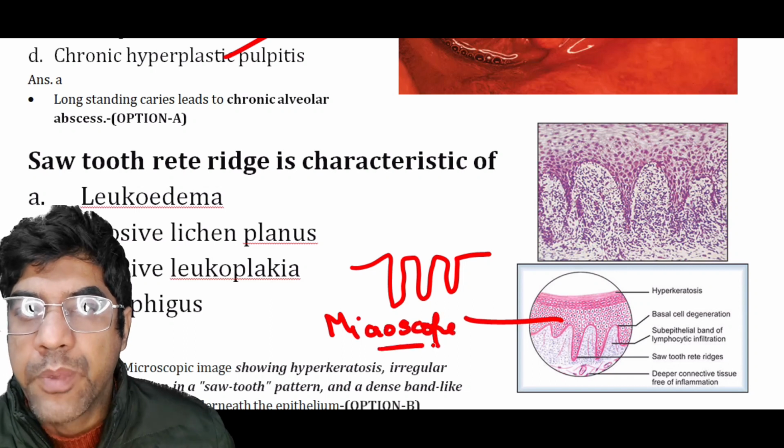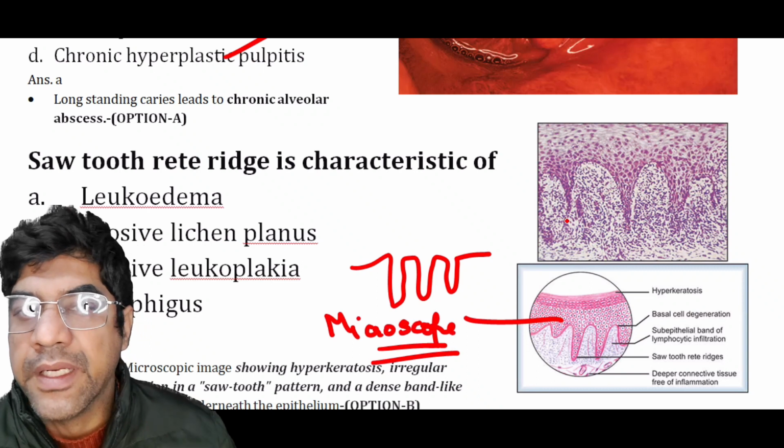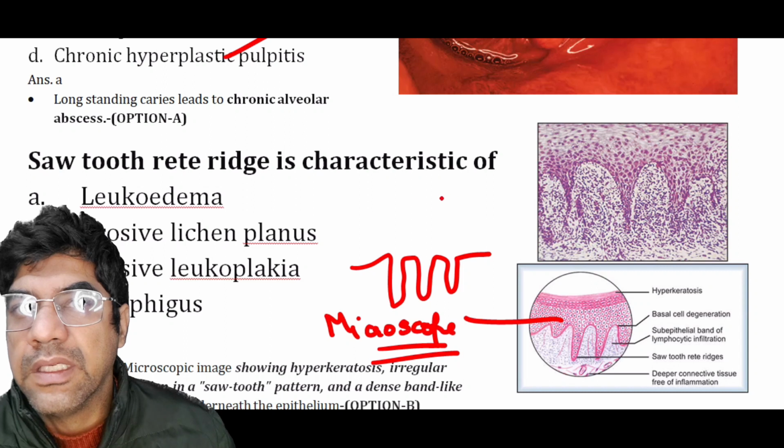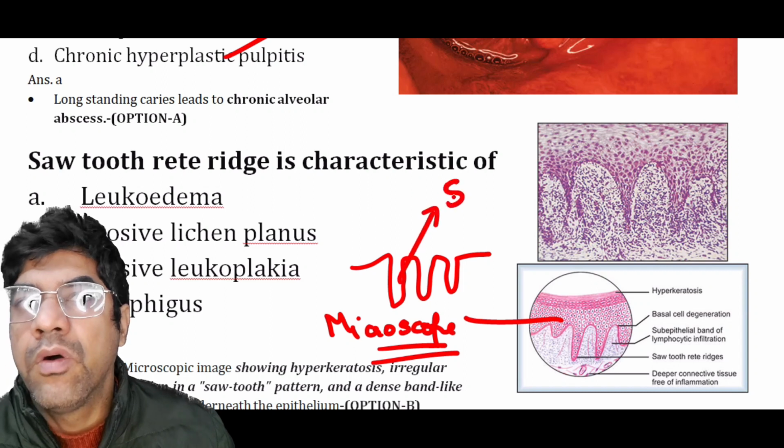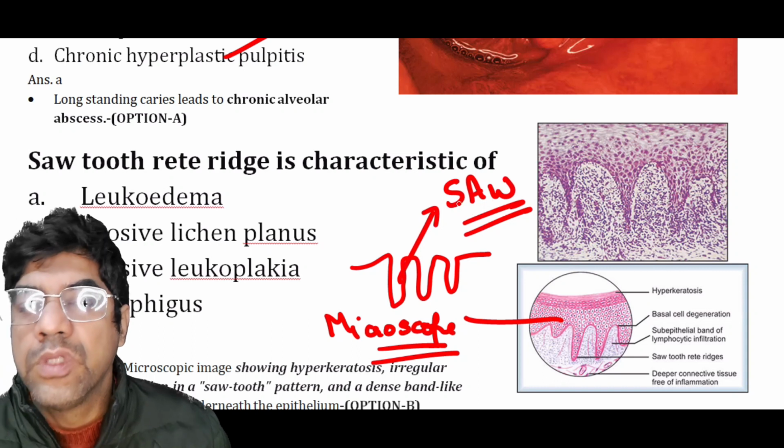The epithelial proliferation exhibits a jagged or serrated appearance, resembling a saw. That is why it is known as sawtooth rete ridges.